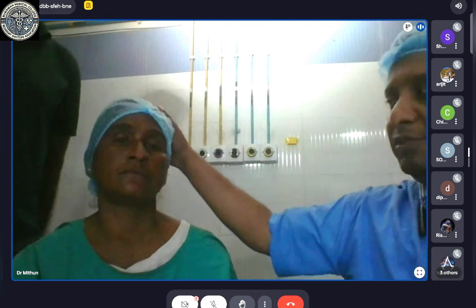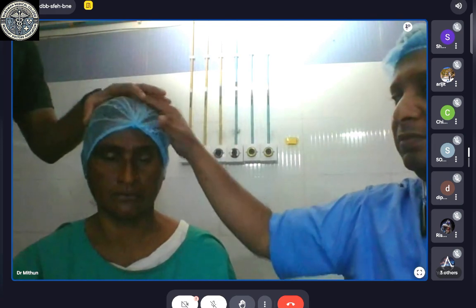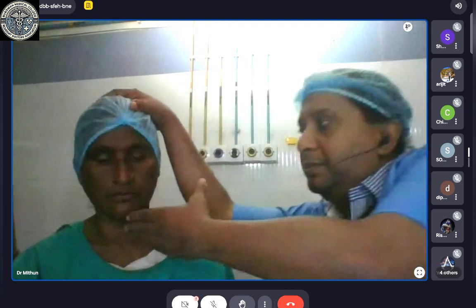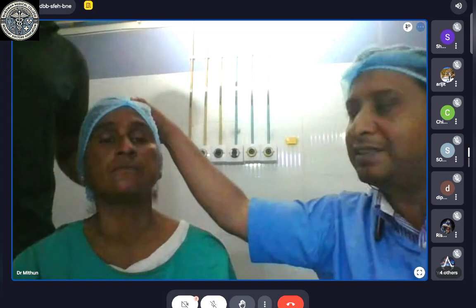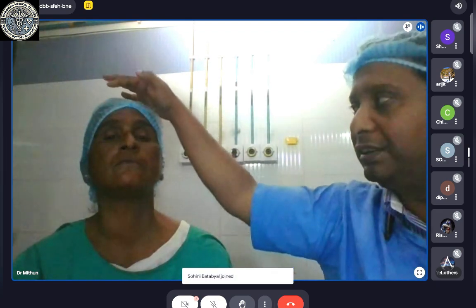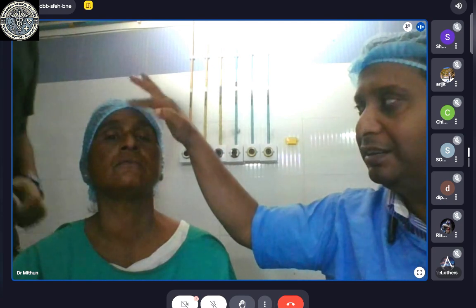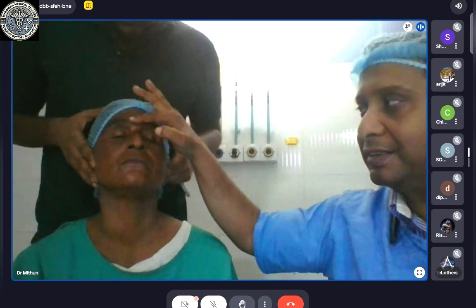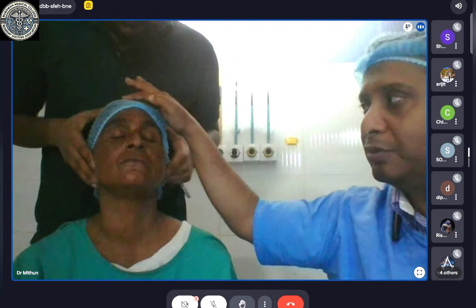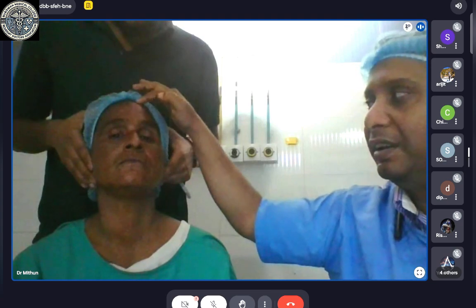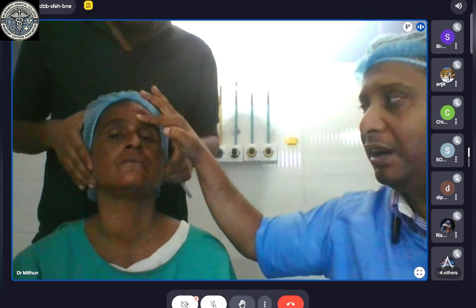Now I will show you the Nabiga test. First, extend the neck to the extent of 15 to 20 degrees. Now we have to look tangentially through an imaginary line. The line passes through the hairline and touches the eyebrow, extending anteriorly.